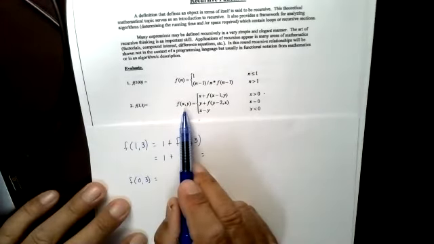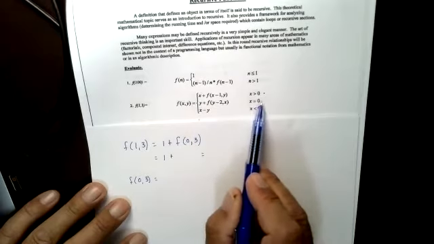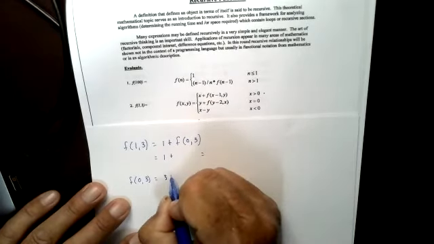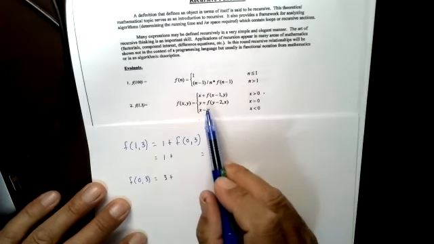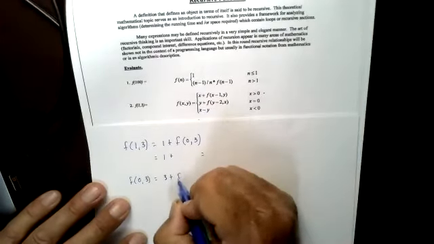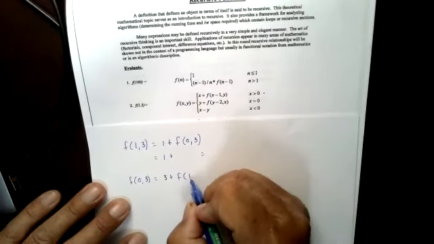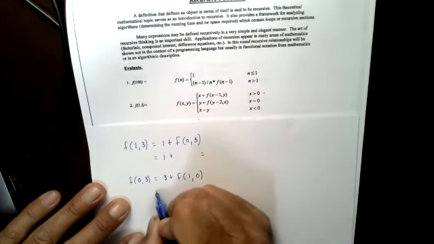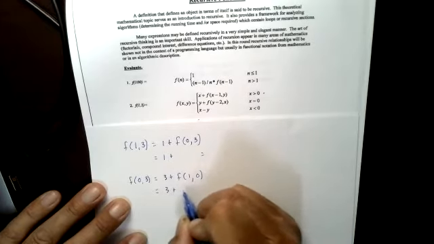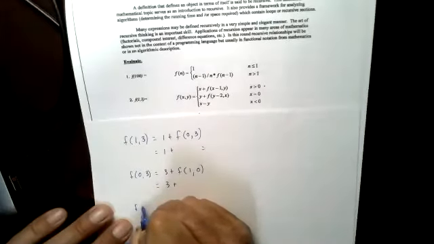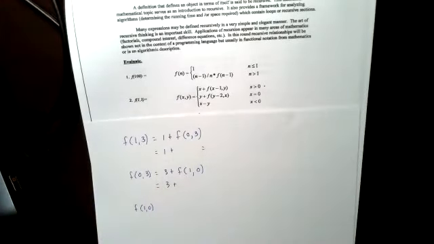I come in, my x value is 0. It says, okay, this time I want it to be y, which is 3, plus f of y minus 2. 3 minus 2 is 1, comma, x, which is 0. So that's going to become 3 plus, now I need to go find f(1, 0).